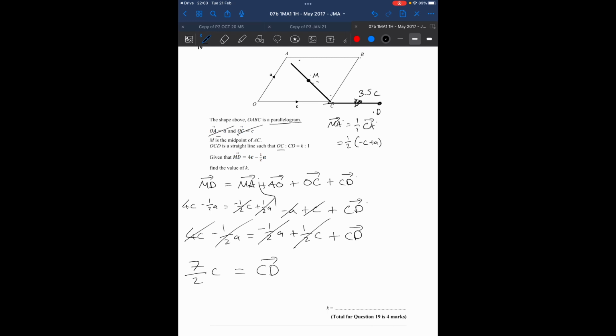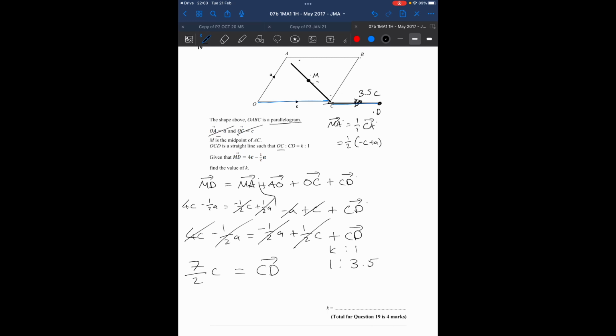C's. Let's go back to the question now. So OC, this bit here, to this bit here is in the ratio of something to 1. So what's that ratio? Well, 1C would be 1 to 3.5, but that's not quite what it wants.